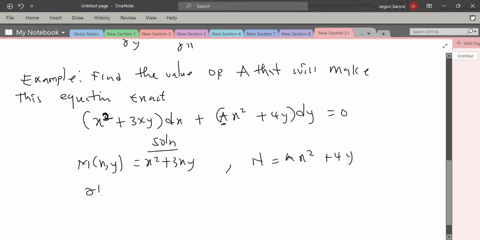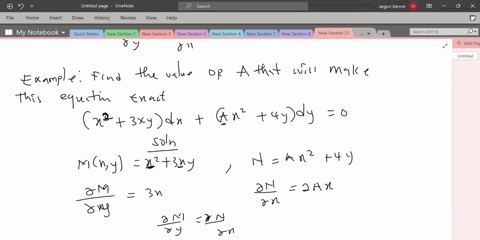So the partial derivative of M with respect to y will be 3x. This one is a constant, it gives you 0. Differentiate this with respect to y, so you only have 3x left. Differentiate N with respect to x, you will get 2ax. So this equation is exact if these two are equal.